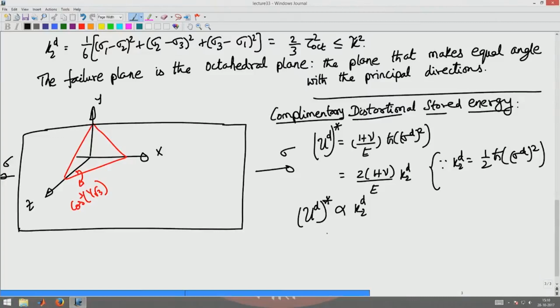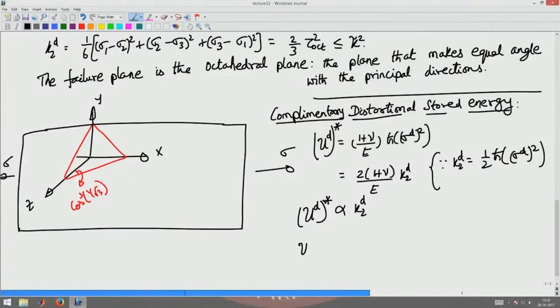Why do you want to interpret it as complementary distortion stored energy? The reason is, you know that to form new surfaces when a crack or a sliding occurs, you need energy to form a new surface. So, only when that energy is available, a new surface or a crack would form. Which means the strain energy is the one which should govern when the crack forms.